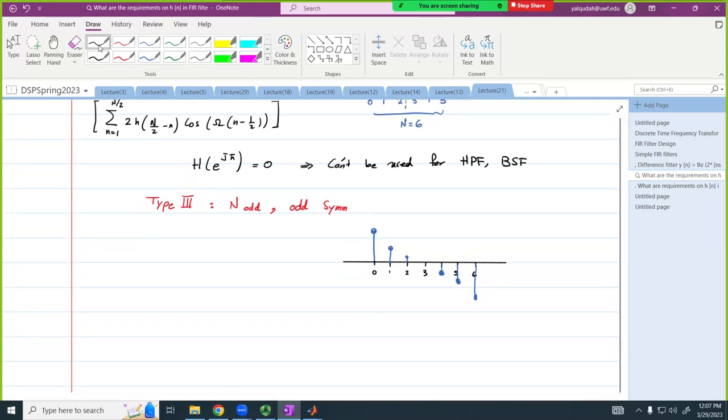So if we calculate H(e^jω), we can show that H(e^jω) can be expressed as j multiplied by e^(-jω(N-1)/2) multiplied by the summation of 2h((N-1)/2 - n) sin(ωn).